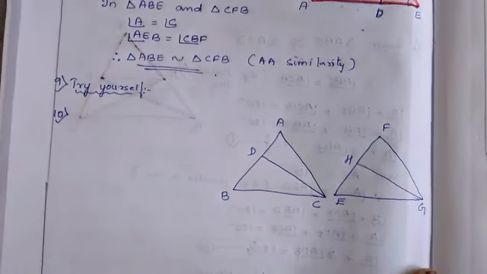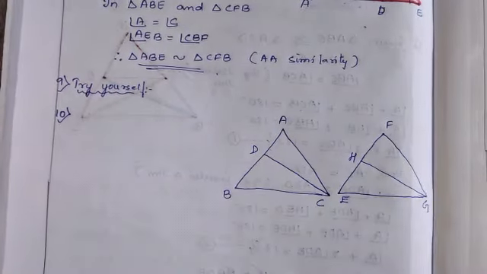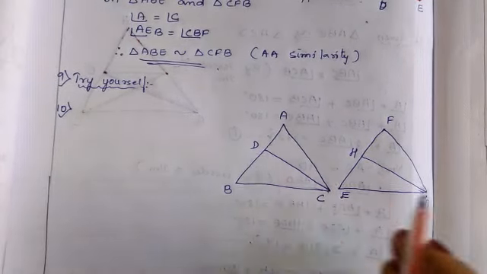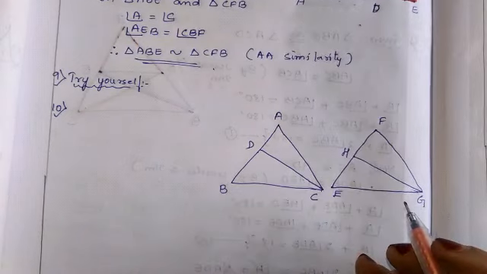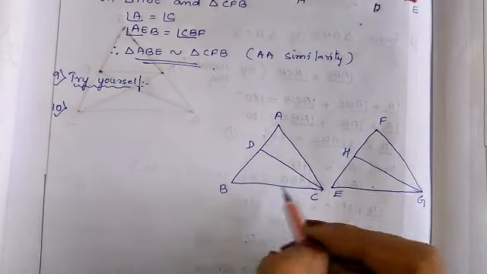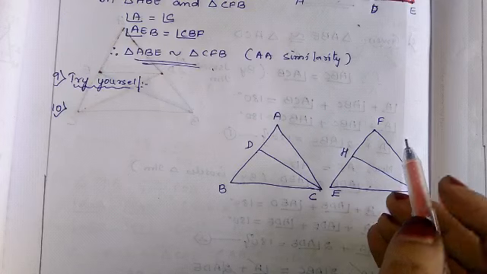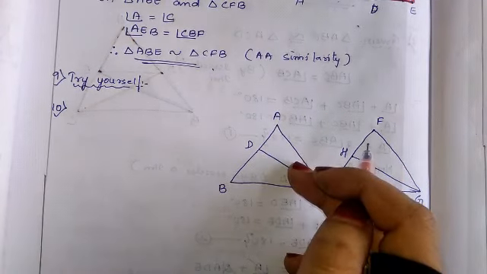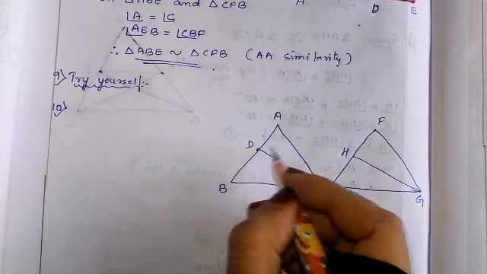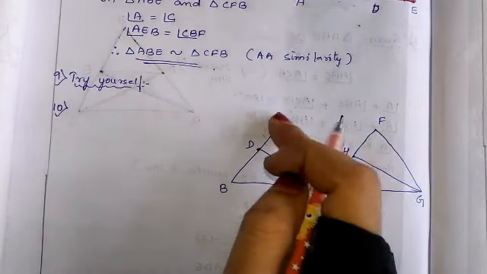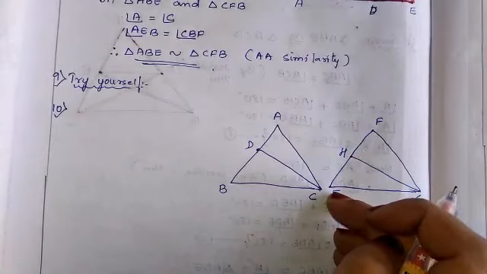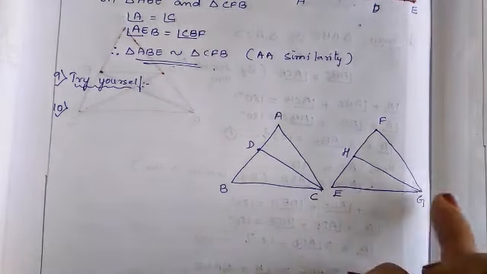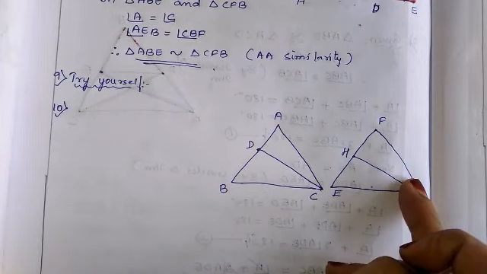Okay, let me see here. They have not given figures in the textbook. We have to draw. CD and GH are bisectors of angle ACB and angle EGF. They have told in the question, such that D and H lie on sides AB and FE of triangles ABC and EFG respectively.